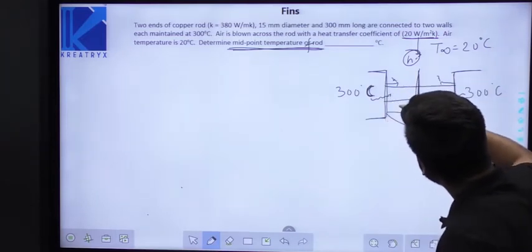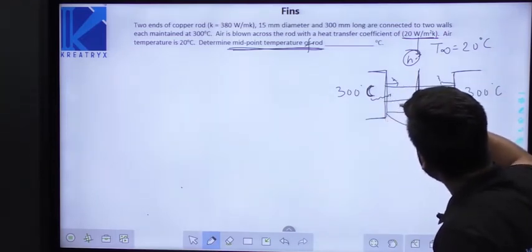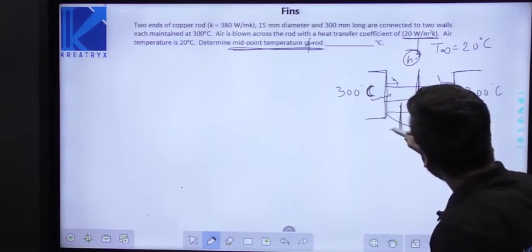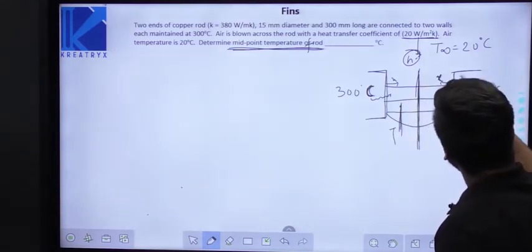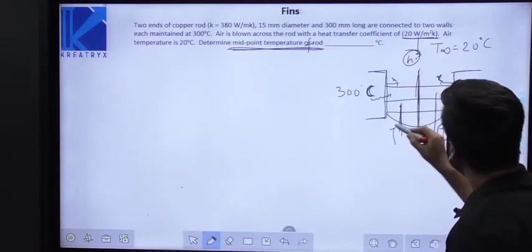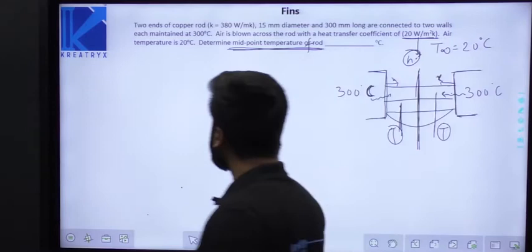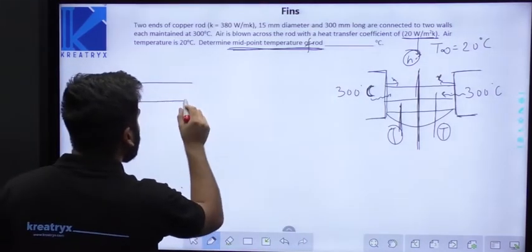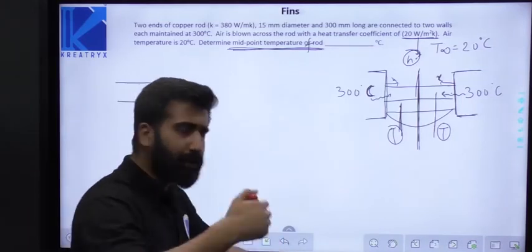At a distance x from the left hand side, if the temperature is T, then at the same distance x from the right hand side, the temperature will also be T. So this is how you analyze this problem. You consider it as a case of two fins connected together.